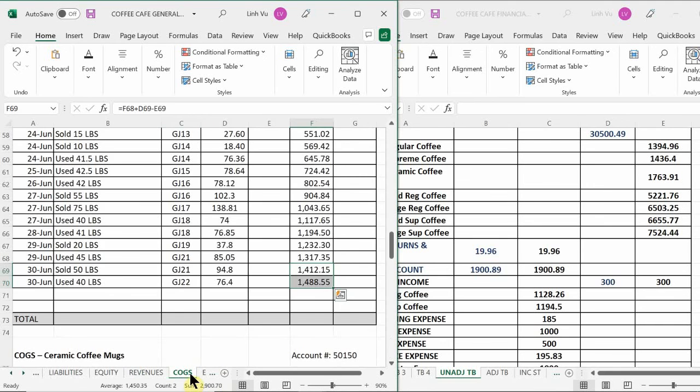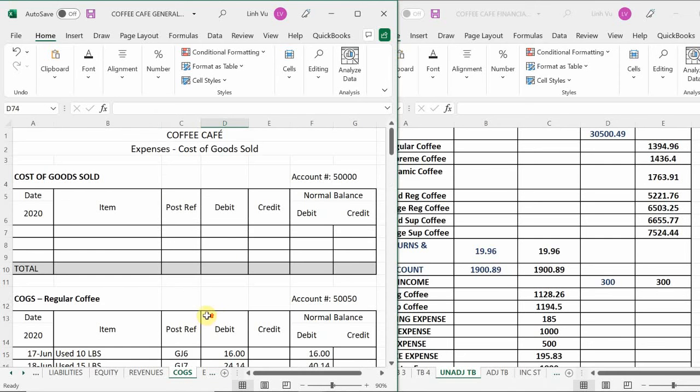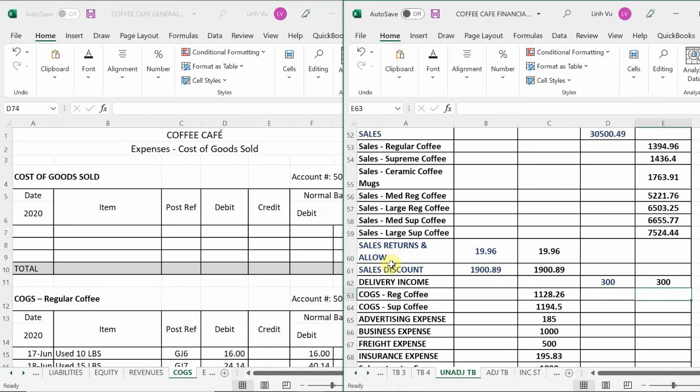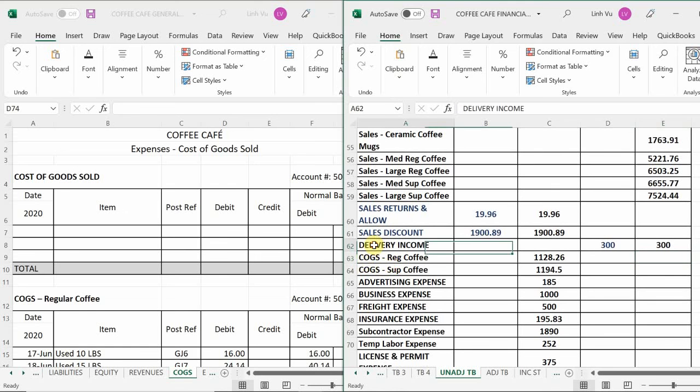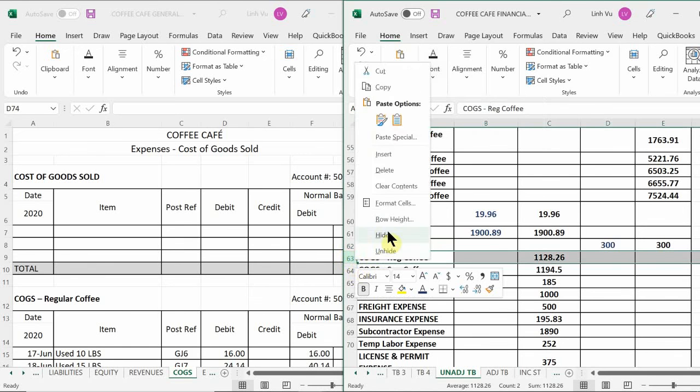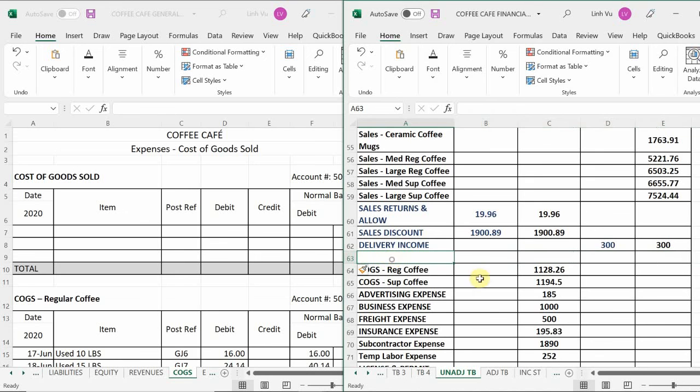All right. So now we have the cost of goods sold. So we need to insert cost of goods sold, which is just going to be for my regular plus my supreme coffee.